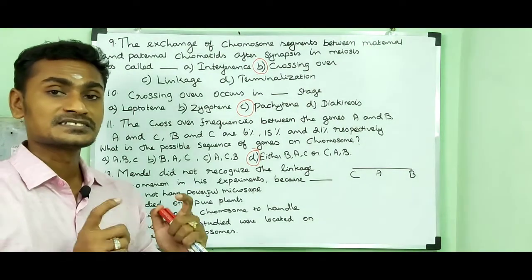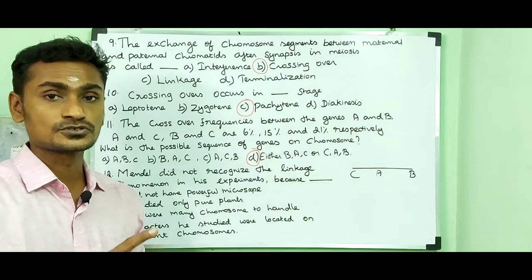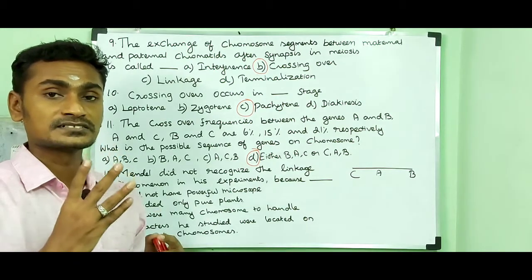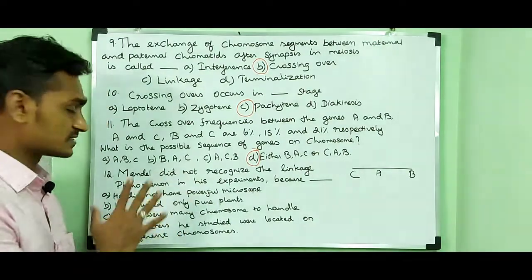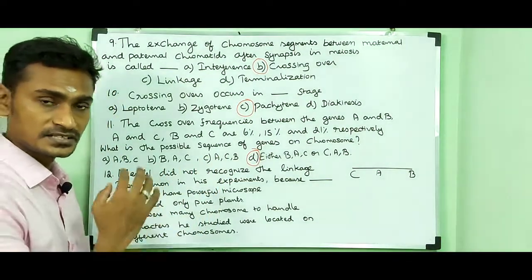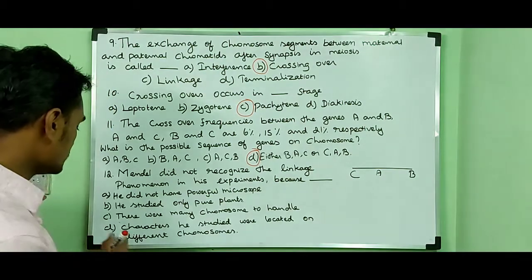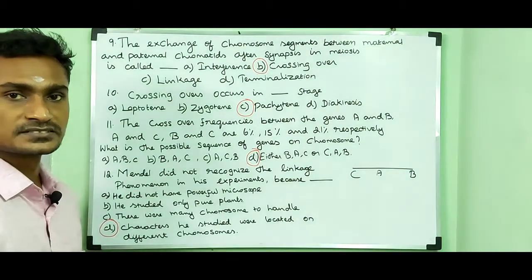He studied 7 characters, and those 7 characters are located on 4 chromosomes. So due to that reason, Mendel did not recognize the linkage phenomenon in his experiment. Option D is the right answer.